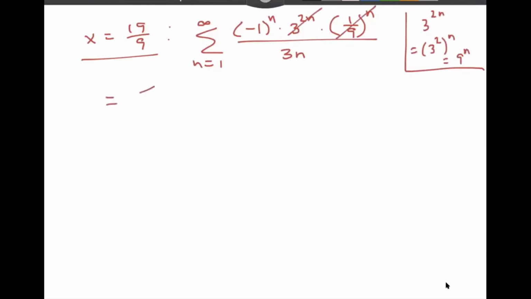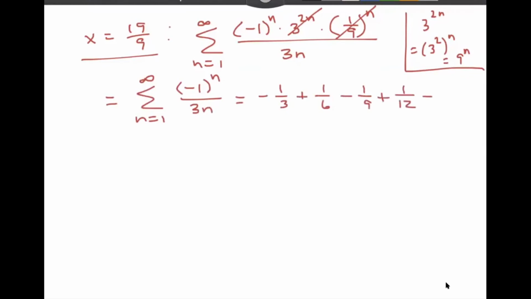So that's going to leave us with the sum n going from 1 to infinity, -1 to the n over 3n, which is what? -1/3 plus 1/6 minus 1/9 plus 1/12, and so on. All right, that series converges by the alternating series test.